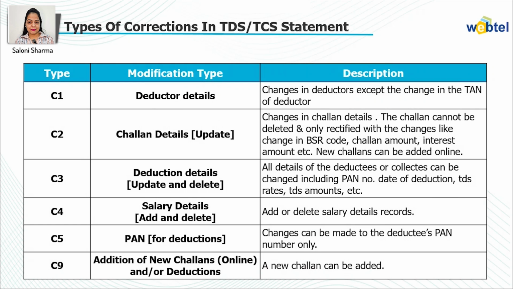In case any changes have been made to the deductee's PAN number only, then the C5 correction type will be reflected. And in case any challan has been added for common deductors, then the C9 type of correction will be reflected. So these are the types of corrections that can be done in the TDS or TCS statement for filing a revised return.